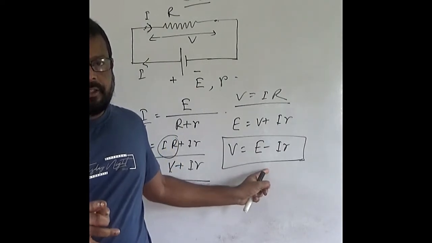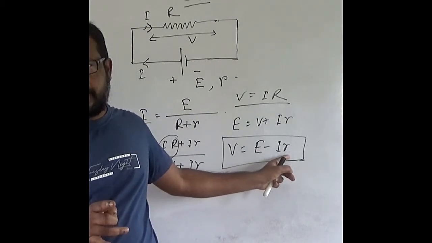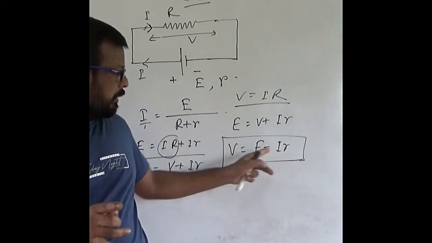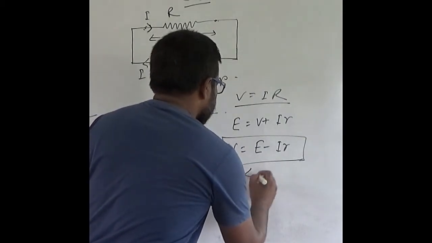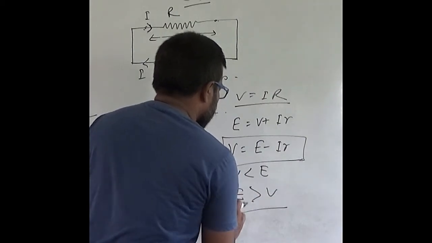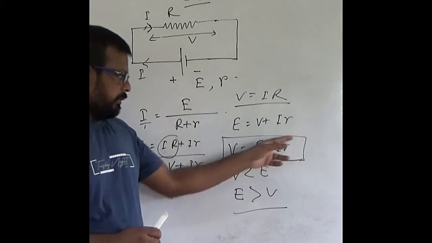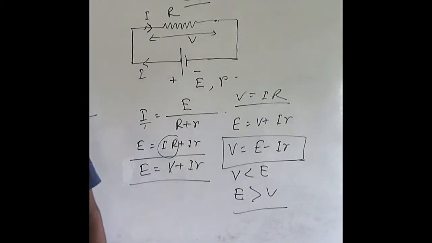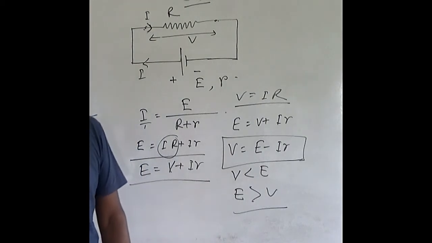And see here, potential difference is the EMF minus Ir. That means V is always less than E, or you can write E is always greater than V. And what is this Ir?